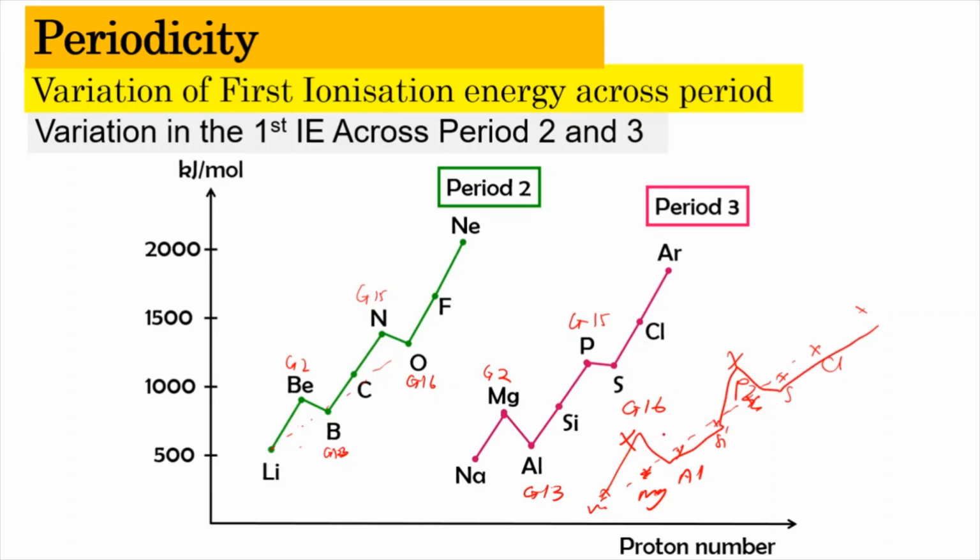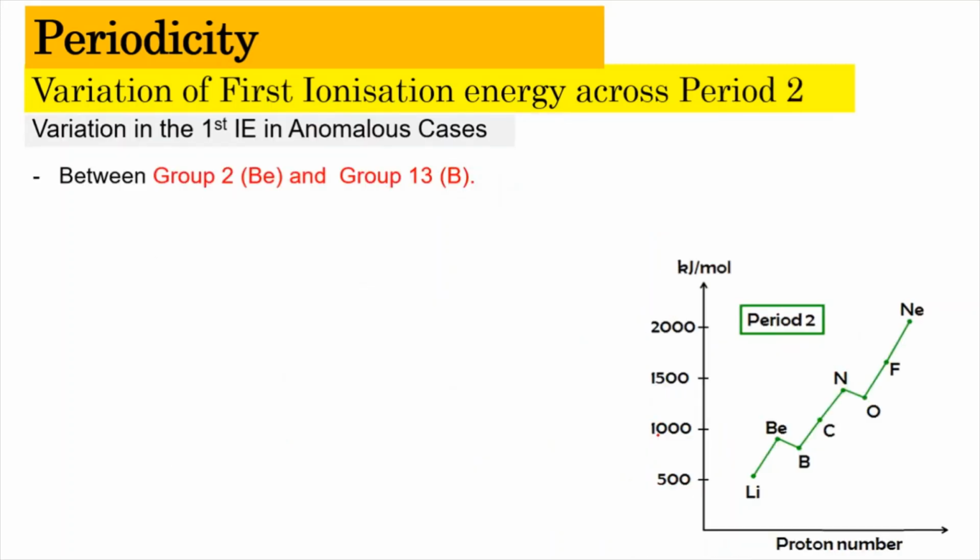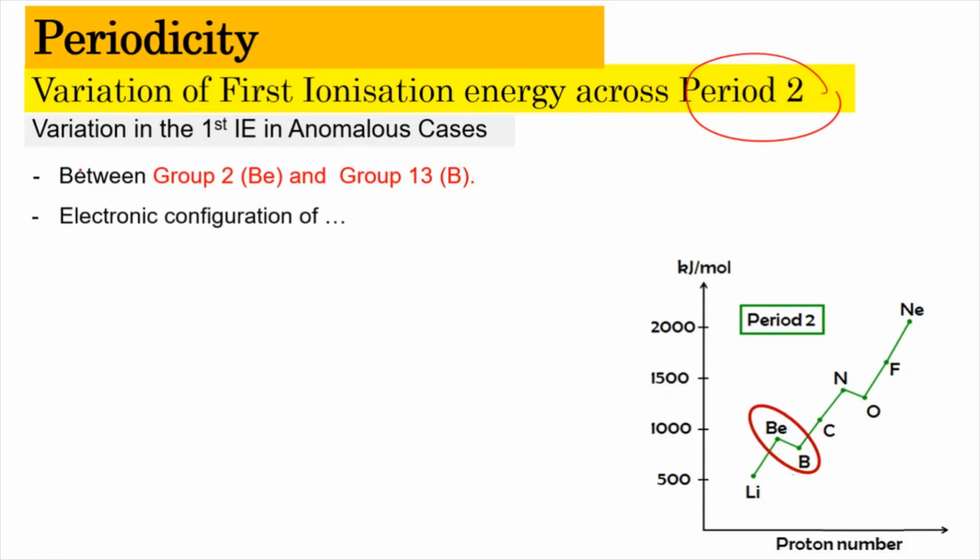On the next slide, we're going to learn why. Let us focus on period 2 first, and this is the graph that we looked at just now. We're going to look at the anomaly between group 2 beryllium and group 13 boron. To understand why the ionization energy of group 2 is higher than group 13, we need to look into the electronic configuration.